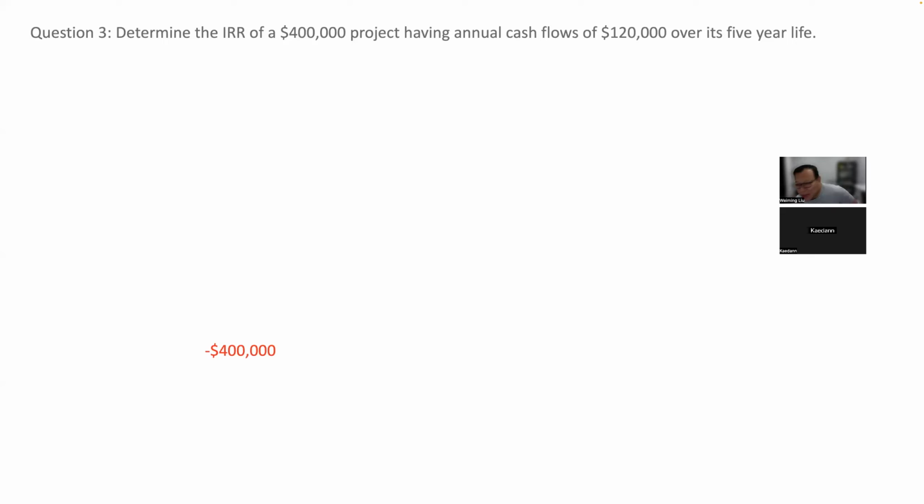So you know that there is a return, right? But the question is, how much? Is that 10%, 20%, 30%? How can we know the rate of return for this project? So that's the question.